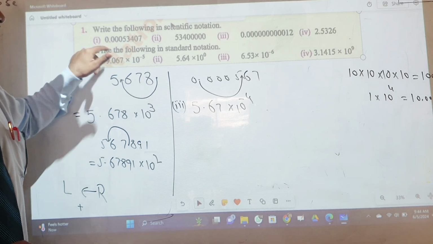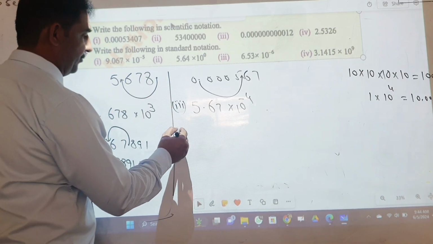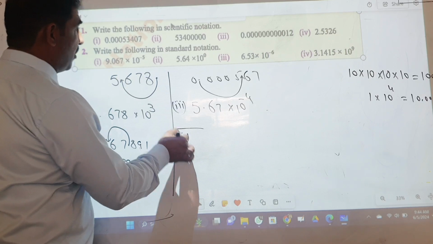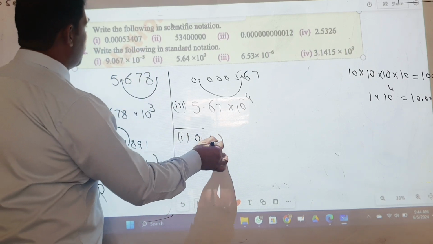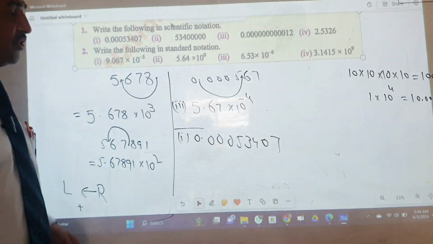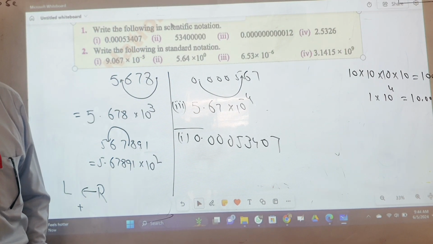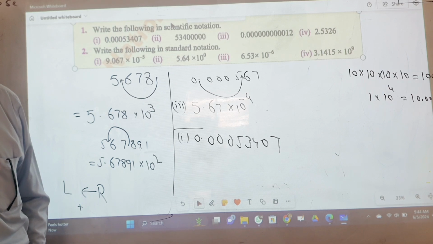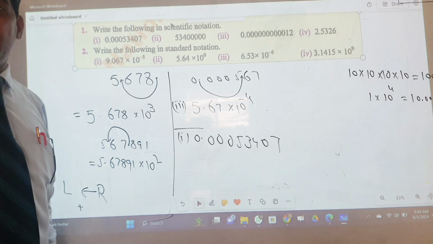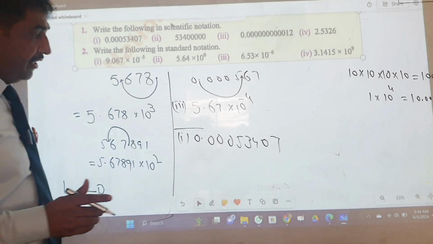Here it is written 0.00053407. I will ask the question from your side. Just raise your hand. That is the first part of the exercise. Yes, Zara. First tell me where the decimal point shifts. 5.3.